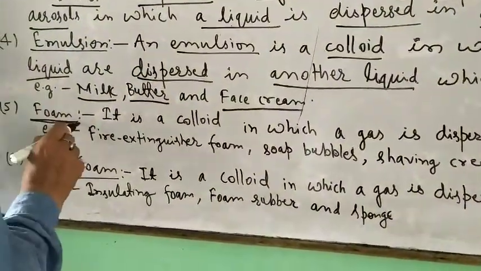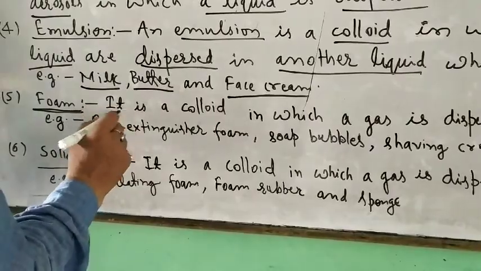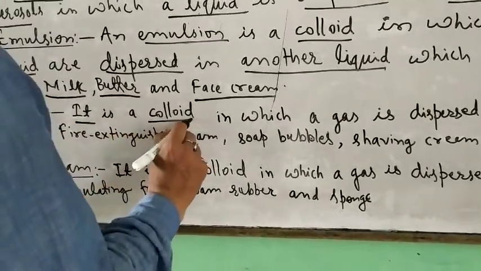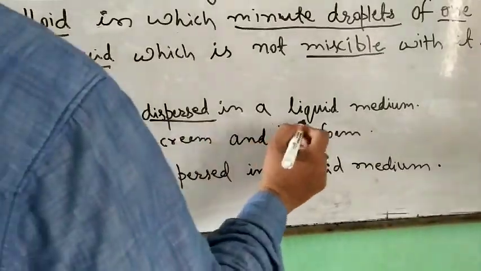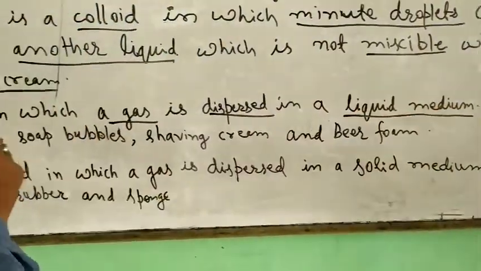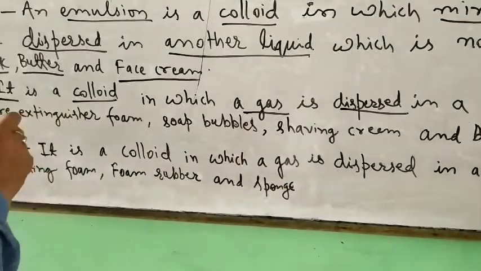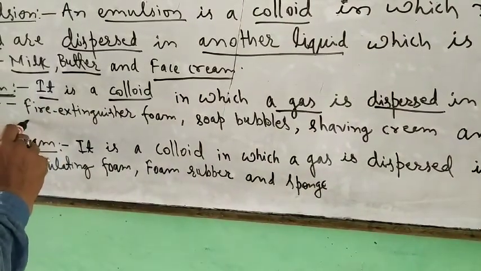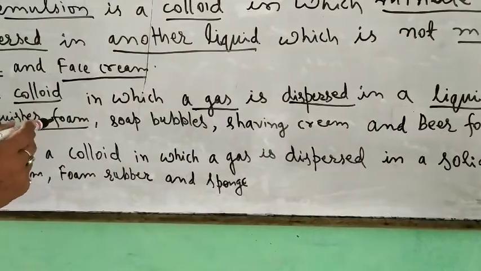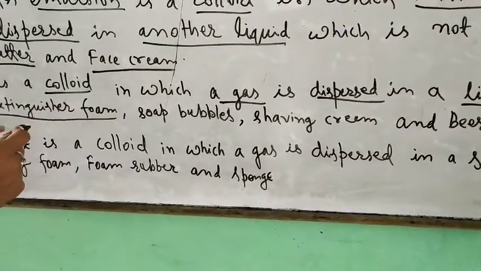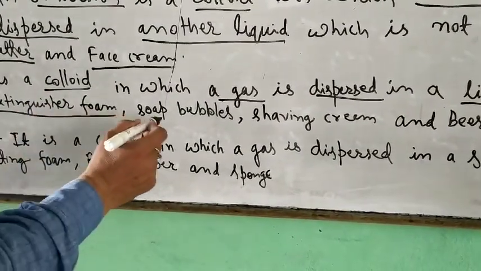Now we have to explain foam. What is a foam? It is a colloid in which a gas is dispersed in a liquid medium. For example, in fire extinguisher foam, air bubbles or carbon dioxide bubbles are dispersed in liquid.